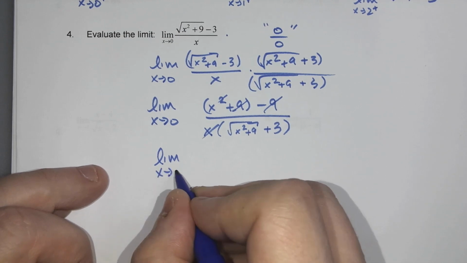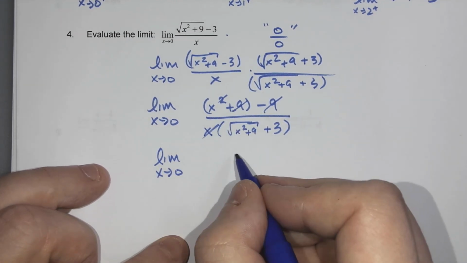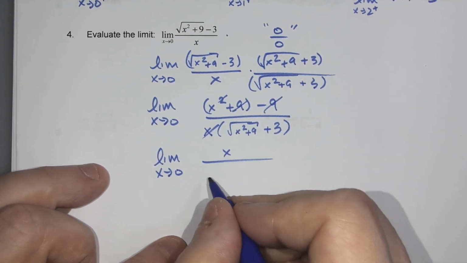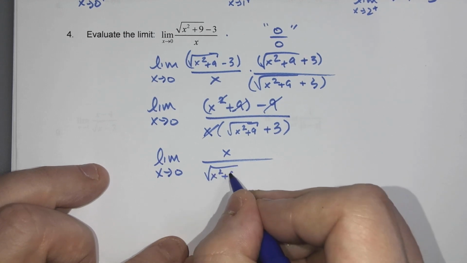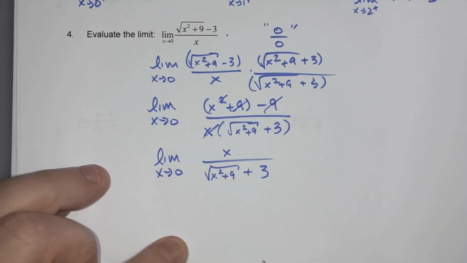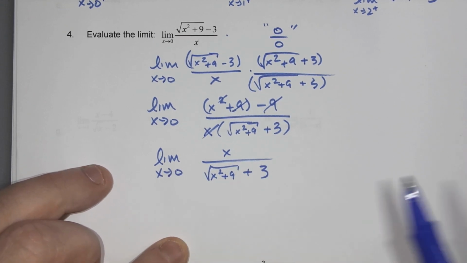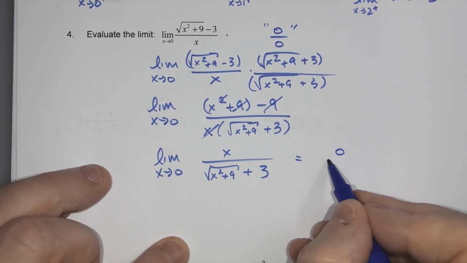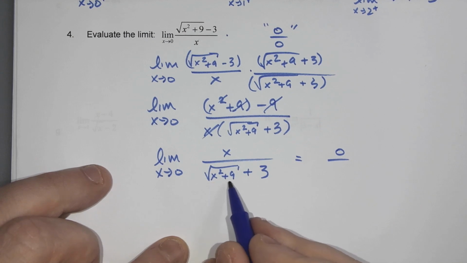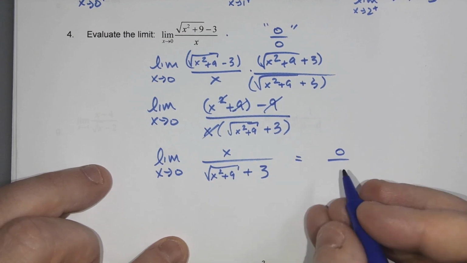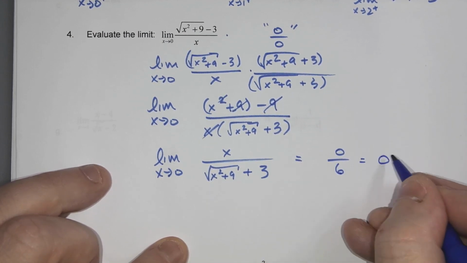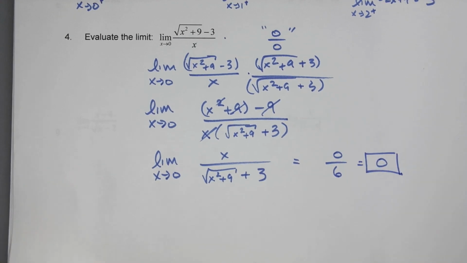So we get a limit as x approaches 0 of x over radical x squared plus 9 plus 3. So now plug in numbers close to 0, or effectively 0 here, and we get 0 over radical 9, which is still 3. 3 plus 3 is 6. And of course, 0 over 6 is equal to 0.